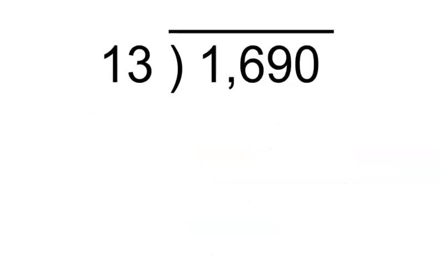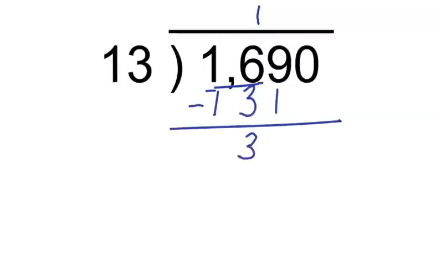All right, now we are to find the quotient. All right, so how many times will 13 go into 1? Well, it won't, but 13 can go into 16. How many times does it go into 16? Well, 1 time. So this is 1 times 13 will give you 13. Then we subtract that out. 6 minus 3 is 3. Bring down the 9.